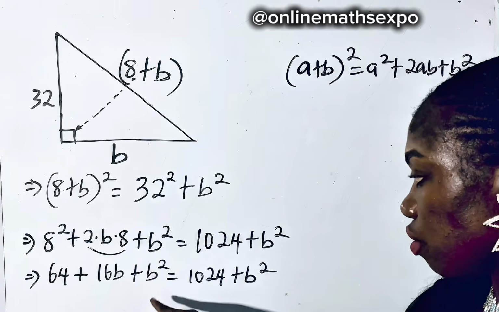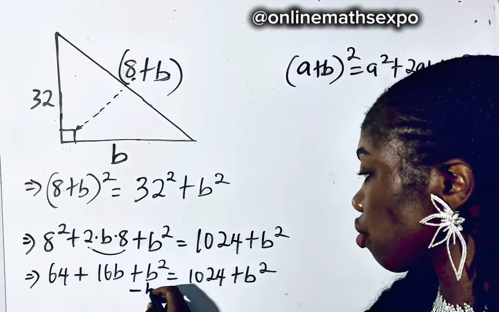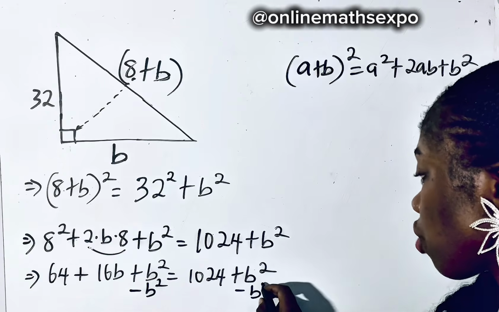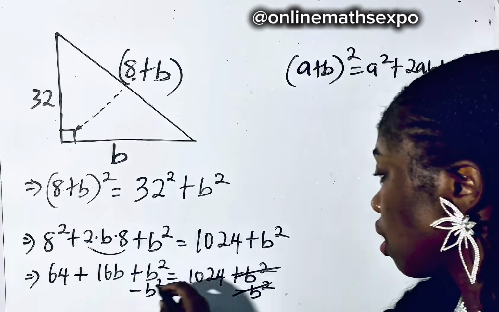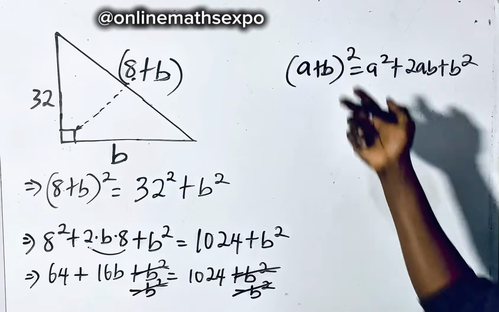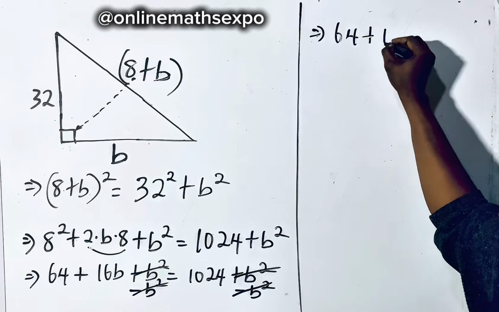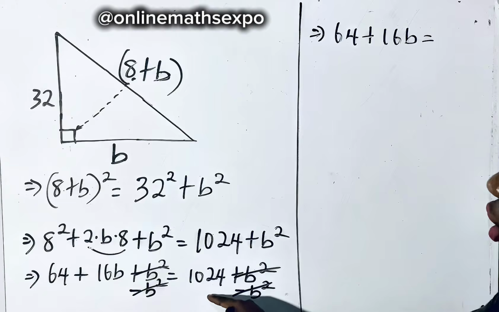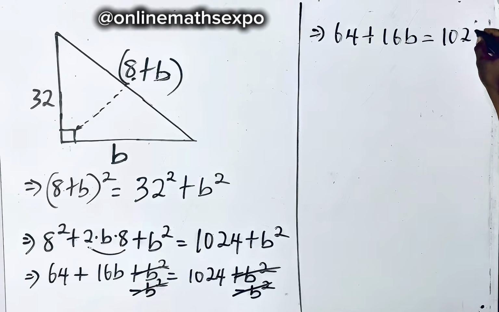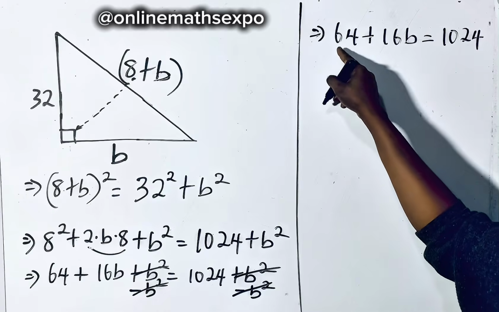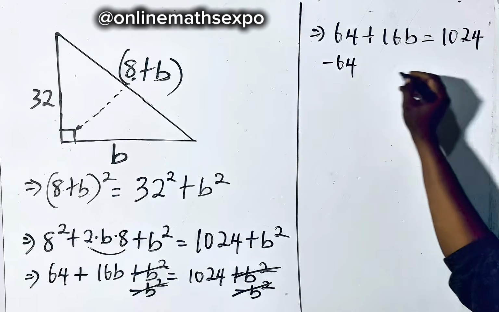At this point, you can remove the b squared. They are both positive, so to remove it, you subtract b squared from both sides. 64 plus 16b is equal to 1024. So what should we do next? Let's remove this 64. Because it's positive, you subtract.